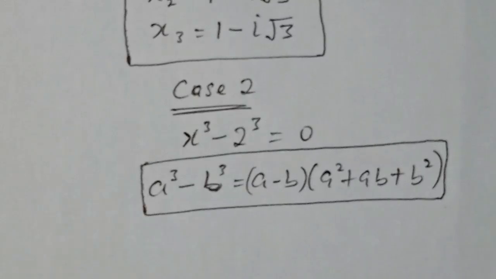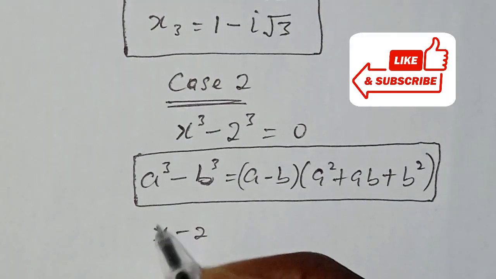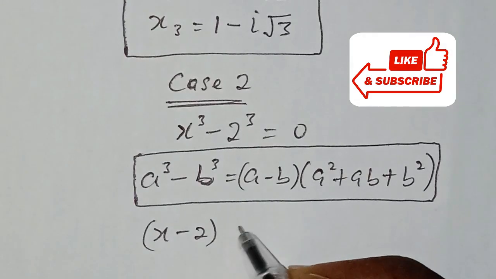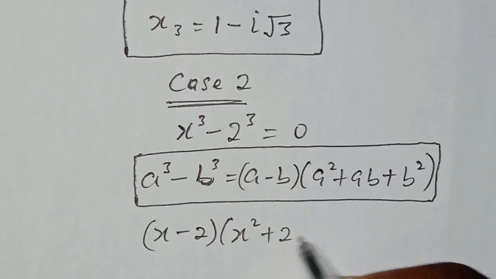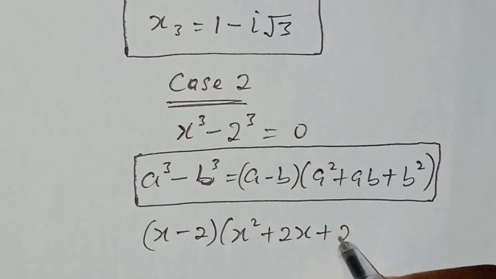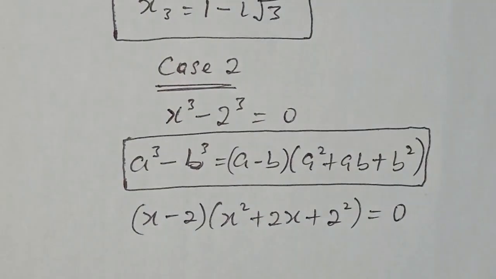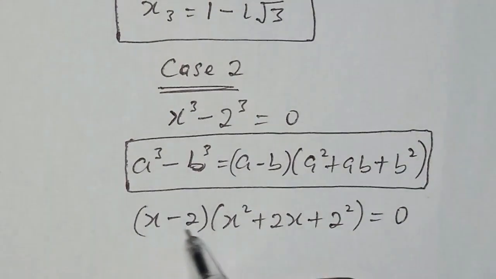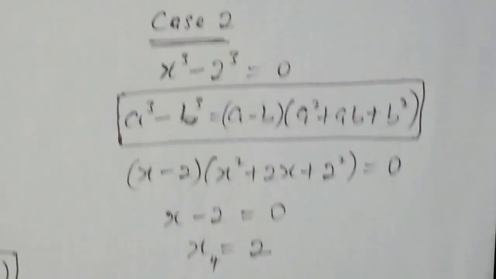That will be expressed as (x minus 2) into bracket, open another bracket, x squared plus 2x plus 2 squared, close the bracket, everything equal to 0. So it implies that x minus 2 equals 0, then x equals 2, and this will be x4.